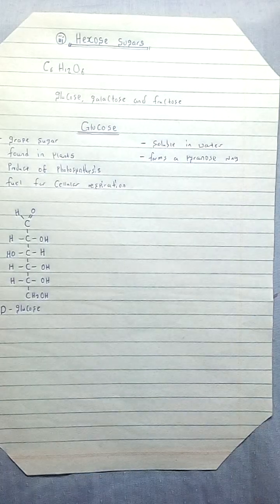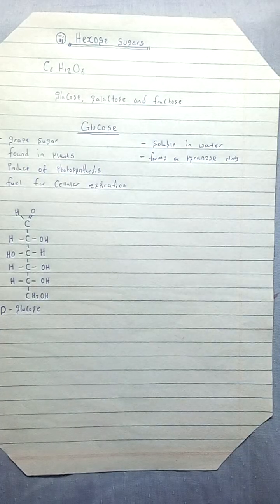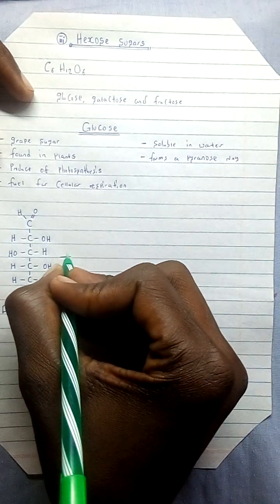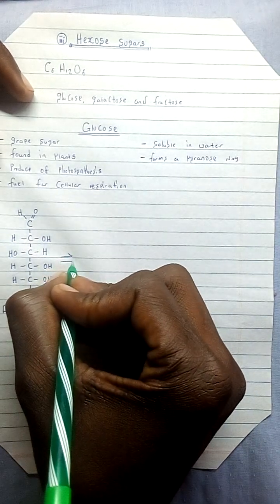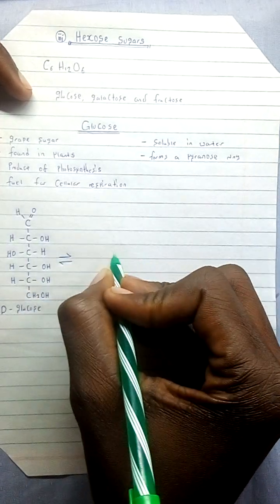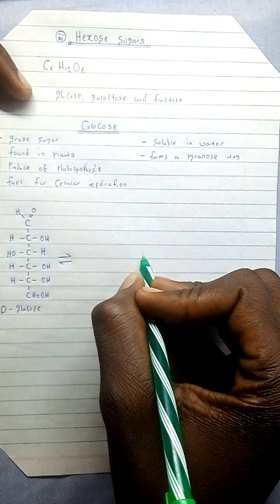So now let's draw the ring form of glucose. In ring form, it will form this thing.